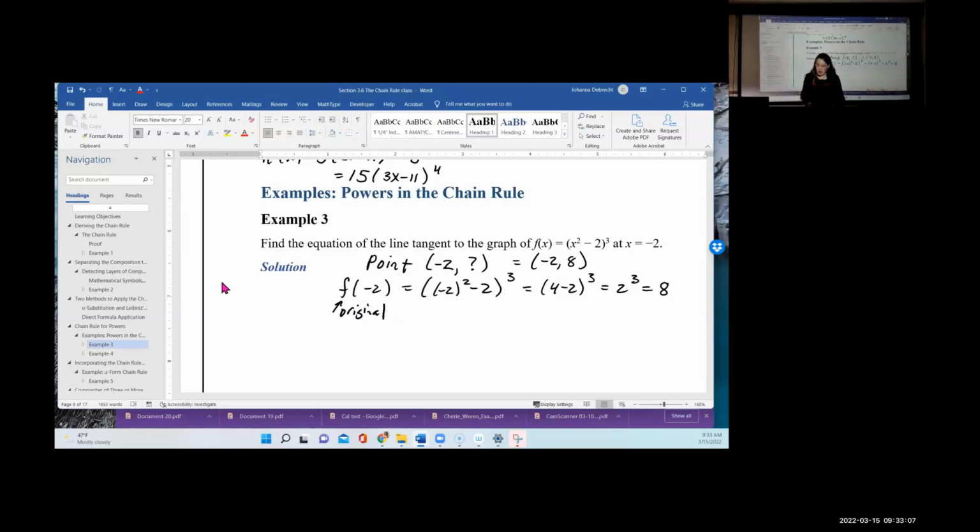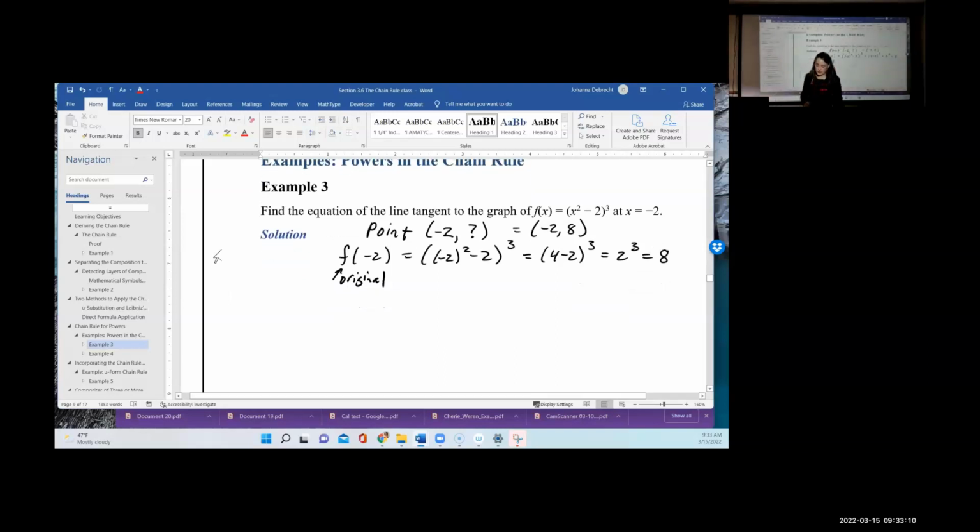So now we're going to apply the derivative formula using the chain rule for powers. So we have x squared minus 2 quantity to the 3rd. So the outside function is going to be u to the 3rd power, and the inside function is the thing being raised to the 3rd power, which is x squared minus 2.